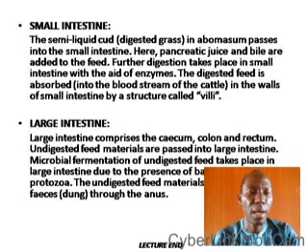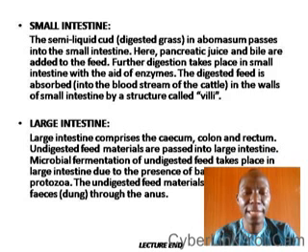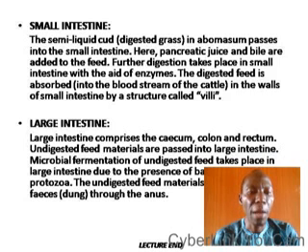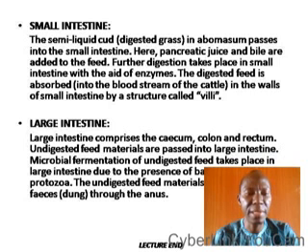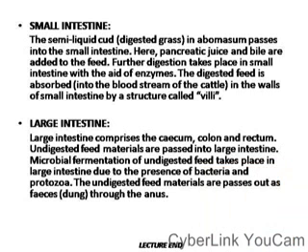The next stage is the large intestine. The large intestine comprises caecum, colon, and the rectum. Undigested feed materials are passed into the large intestine. Microbial fermentation of undigested feed takes place in the large intestine due to the presence of bacteria and protozoa.